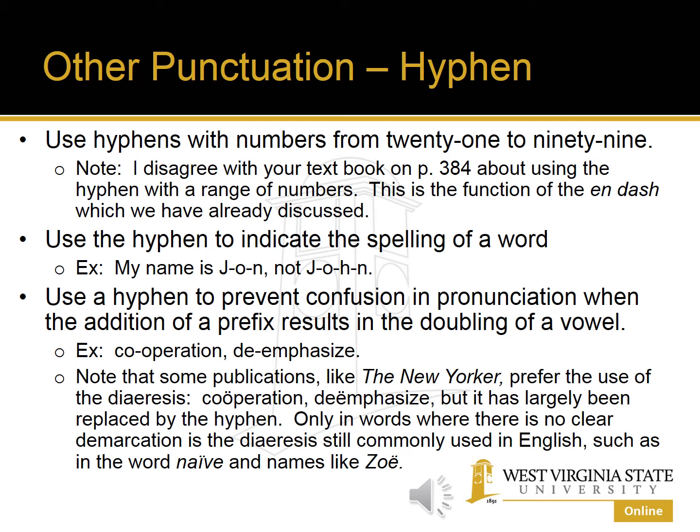Z-O-E with a diaeresis. Another example might be Noël. When we use that word, it's two syllables, so we put the diaeresis over the E. Or in the authors, the Brontë sisters, it's not the Bront sisters. Normally in English, the final E would be silent, but we want to indicate that the final E is pronounced, so we would put a diaeresis over the final E.